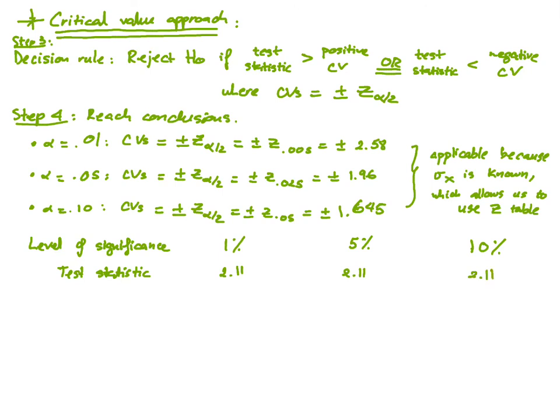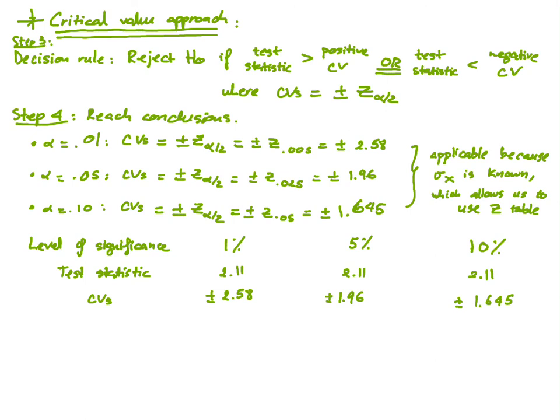Now the critical values are listed up here, right? So at 1% level of significance, the critical values are plus minus 2.58. At 5% level of significance, the critical values are plus minus 1.96. And then at 10% level of significance, the critical values are plus minus 1.645.